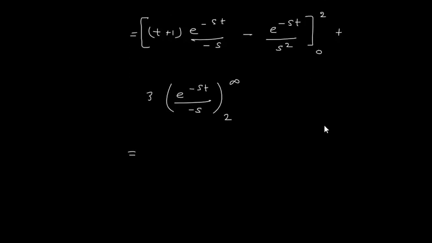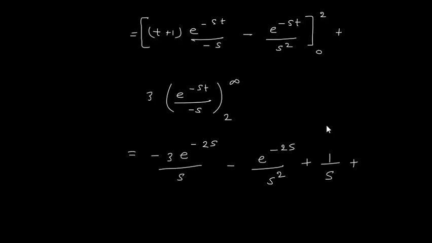So first we put 2, so 2 plus 1 is 3, it is minus 3 e power minus 2s whole divided by s, I used minus because here s is minus, then minus e power minus 2s whole divided by s square. Then when I put the value of t as 0, we have plus e raised to 0 is 1, so it is 1 upon s.